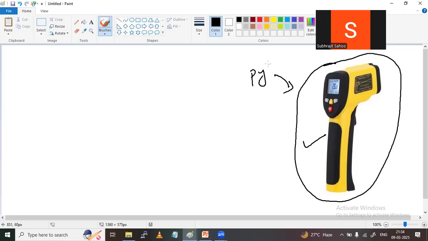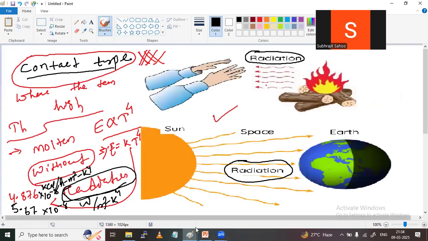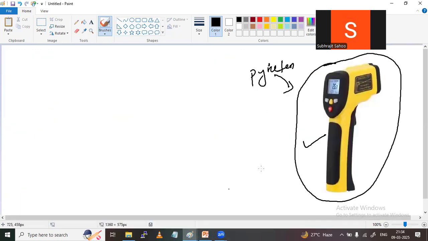That means there is no need to contact this instrument to the human body. Just keep a certain distance from the human body and it can sense the body temperature, just like radiation. But this temperature measuring instrument is different from what we are going to discuss.